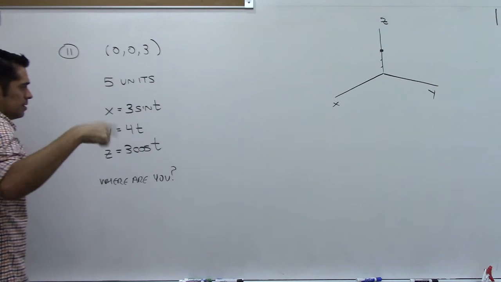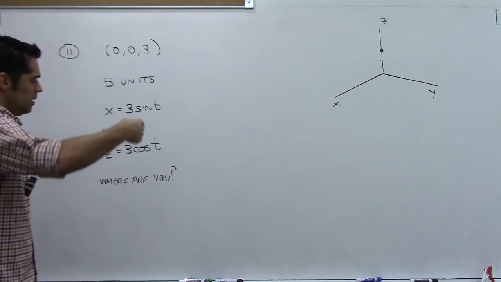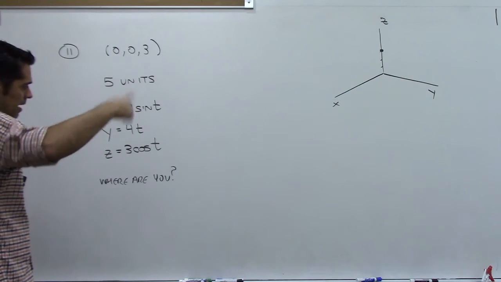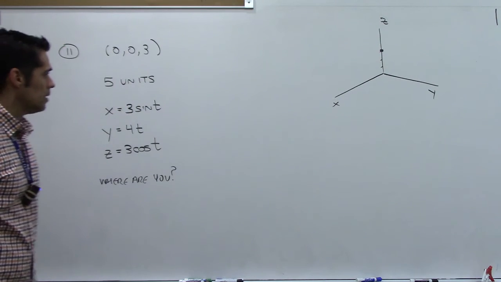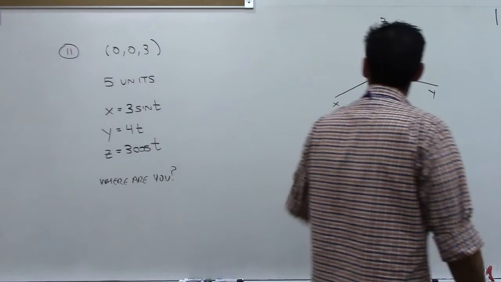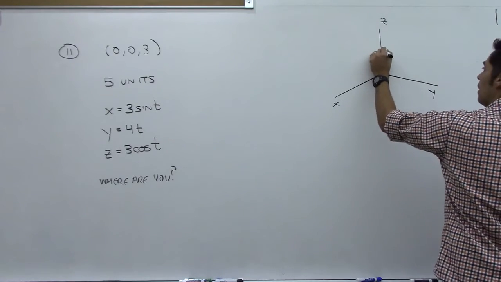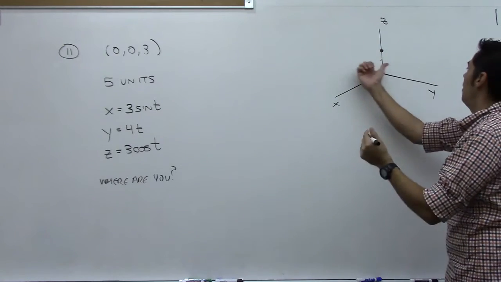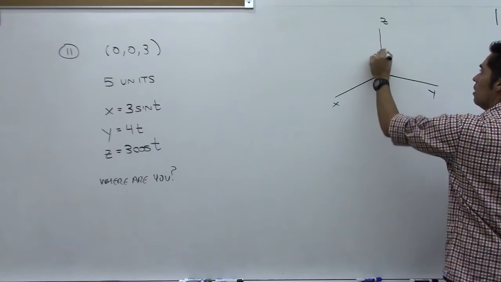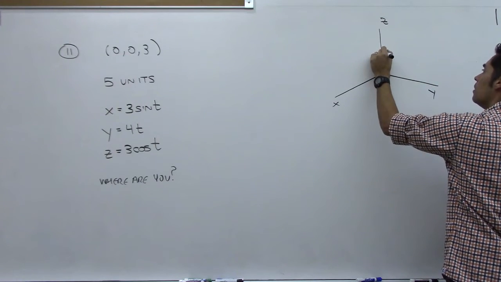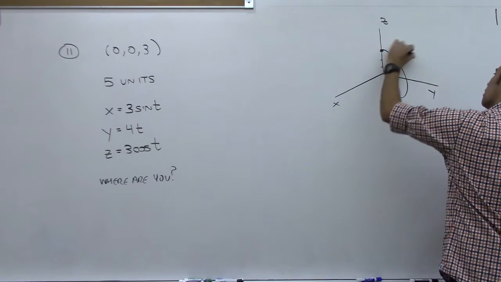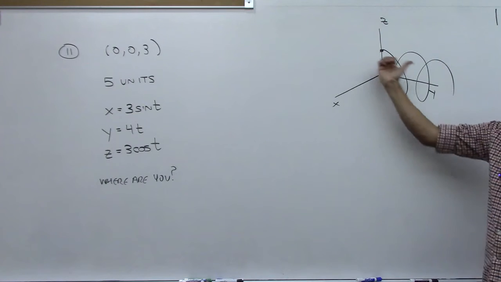So it's going to create not a spiral, but a helix. It's on the outside of a cylinder. And it starts here, so that's coming out this way.